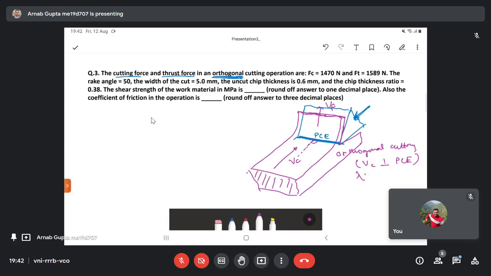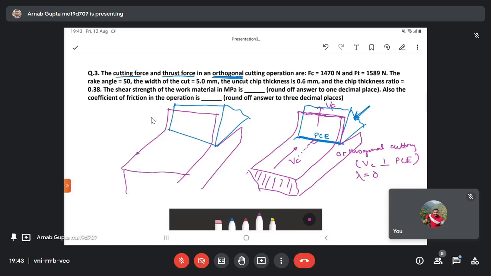So here lambda is 0. However, if you incline the tool a little bit, say like this, in this case also the cutting velocity is like this.